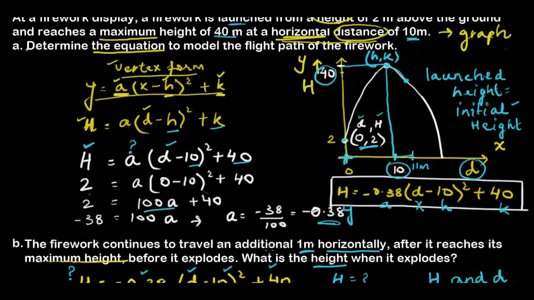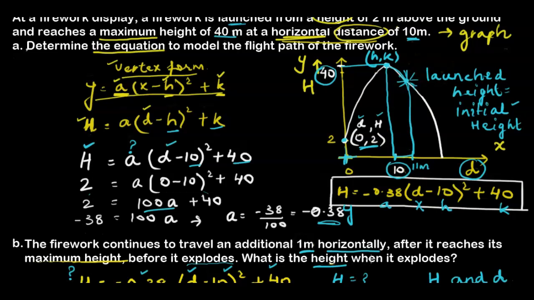We move from the maximum height point 1 meter towards the right, and that is where the firework explodes, at a distance of 11 meters.